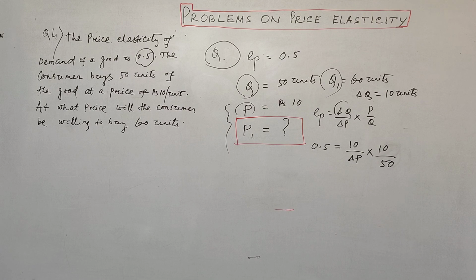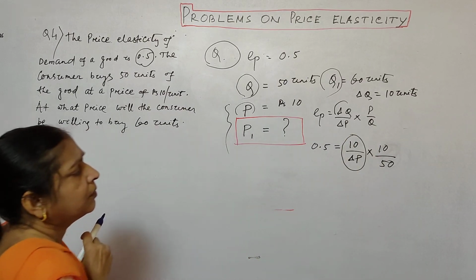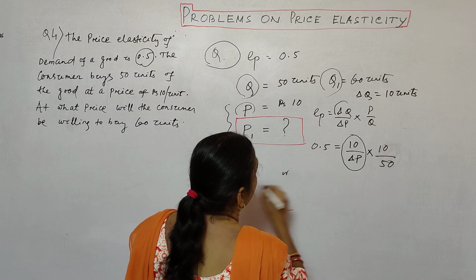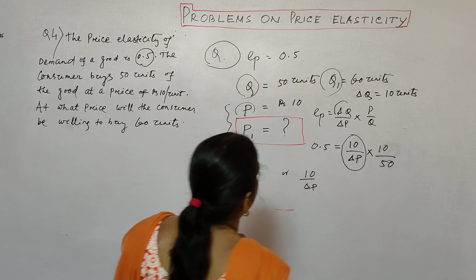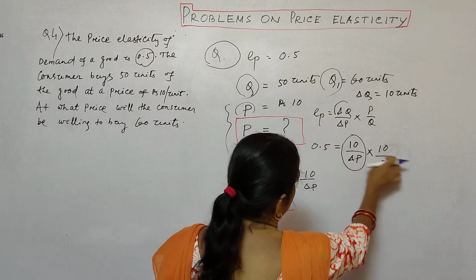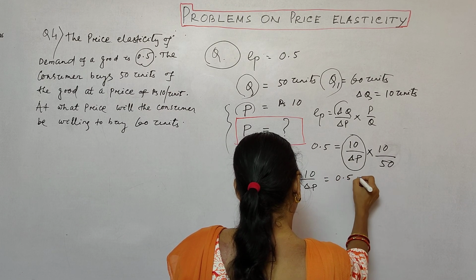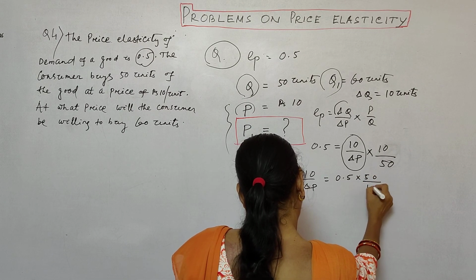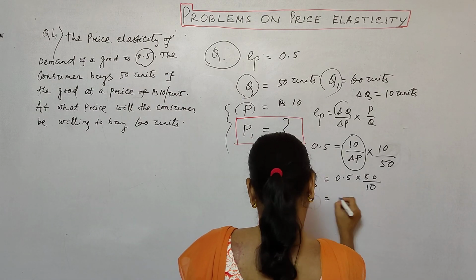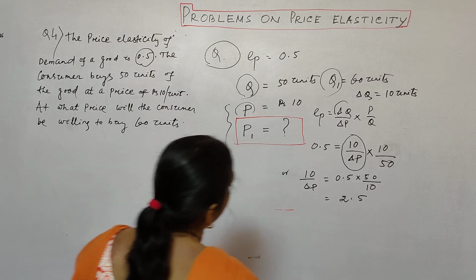So now we have to separate this portion. 10 by delta P equals 0.5 into 50 by 10. 0.5 into 50 by 10 comes to 2.5.